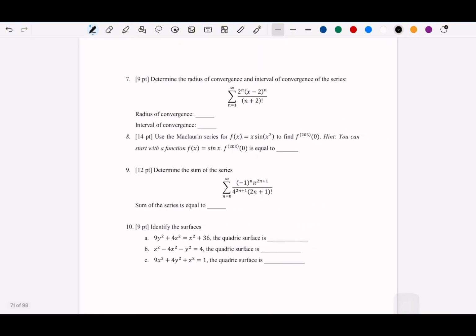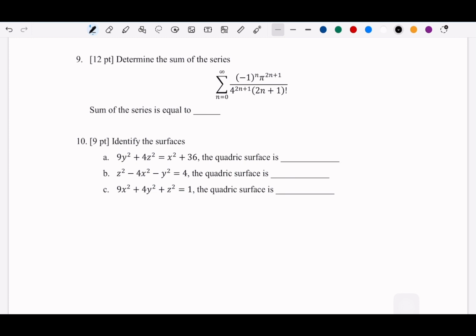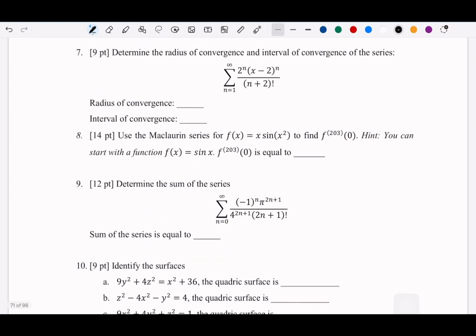But they include the quadratic surface here, so you could just pass it. Or if you want to, you can check the video first, take some review, and check the quadratic surface here.